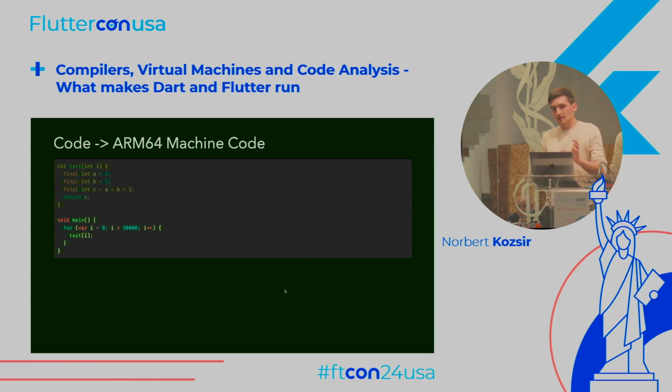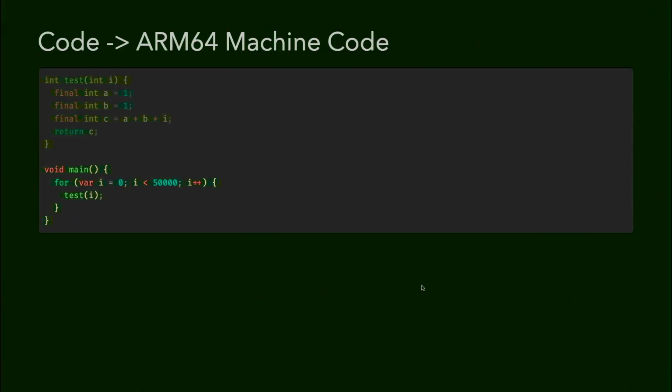I also added a main function, which calls this function 50,000 times. And this is because the JIT compiler has multiple passes. So the very first time it encounters a function, it compiles it, but it does so in a very simple manner, so it doesn't optimize it too well. By doing this, we force the optimizer to kick in and create an optimized version of the function, which is just way less machine code for us to look at.